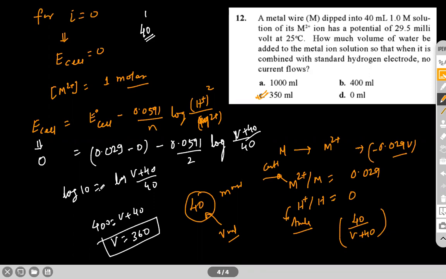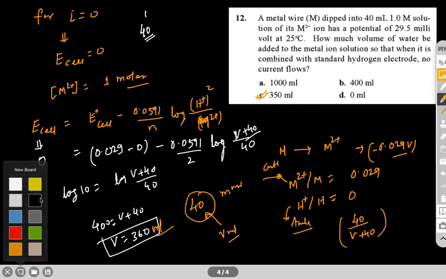So you'll get approximately 350; I'm getting 360 ml with approximation. So we'll take 350. This is the answer for this question. Concentration of H plus is not mentioned, so I have assumed this as 1. Okay, next one.